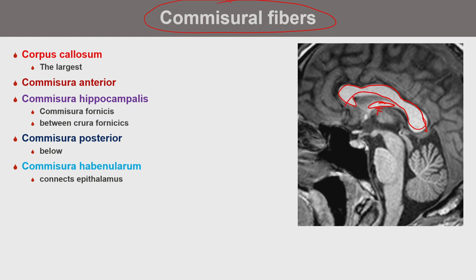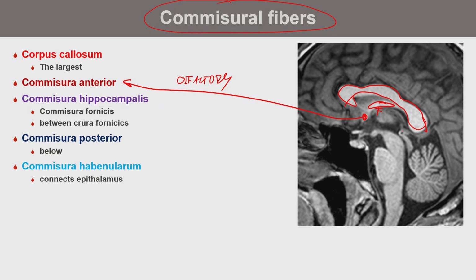The corpus callosum is the largest one with millions of fibers. Then we have a primitive commissure, the anterior commissure, which is transmitting olfactory brain or diencephalon or those archaic information.